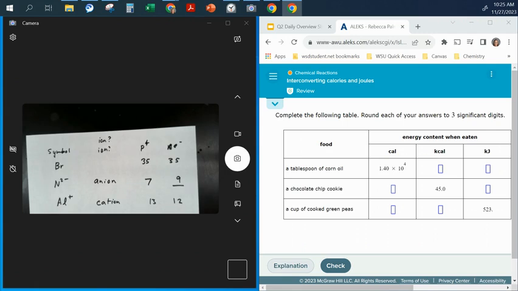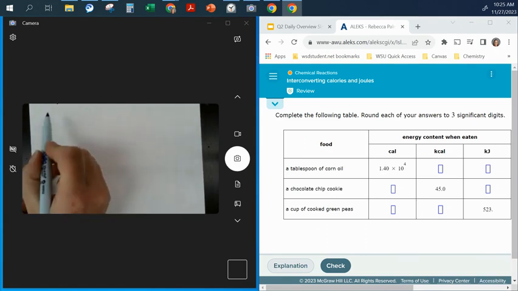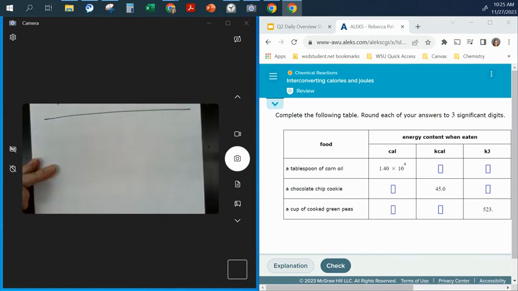Okay, so for this question, we need to know some conversion factors. So this is something that is in ALEX. We need to know how to convert between kilocalories and kilojoules.